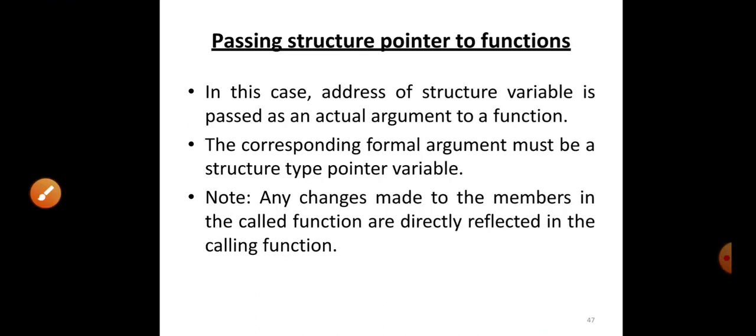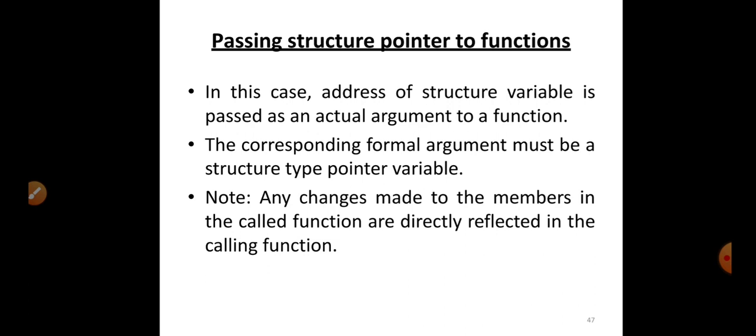Now third is passing the structure pointer to the function. In this case, instead of passing a structure value, we are passing the address of a structure. We have to use a pointer in order to store the address of the structure. A detailed description is in another video.